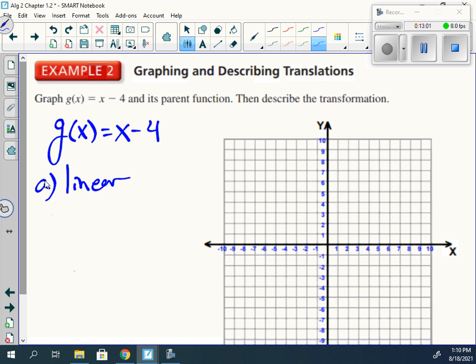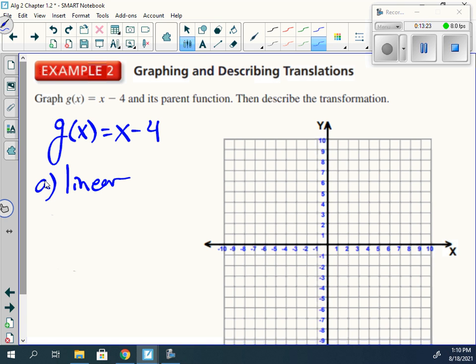So absolute should have what? The absolute value bars, because the key feature for absolute value is the absolute value bars. That's what makes it an absolute value function. A quadratic's key feature is a square, because of the 2 exponent. And linear is just going to have x to the first power.